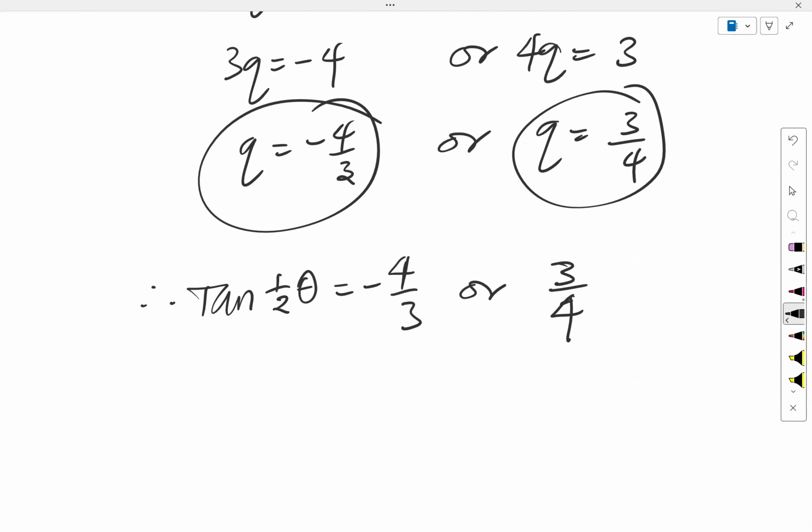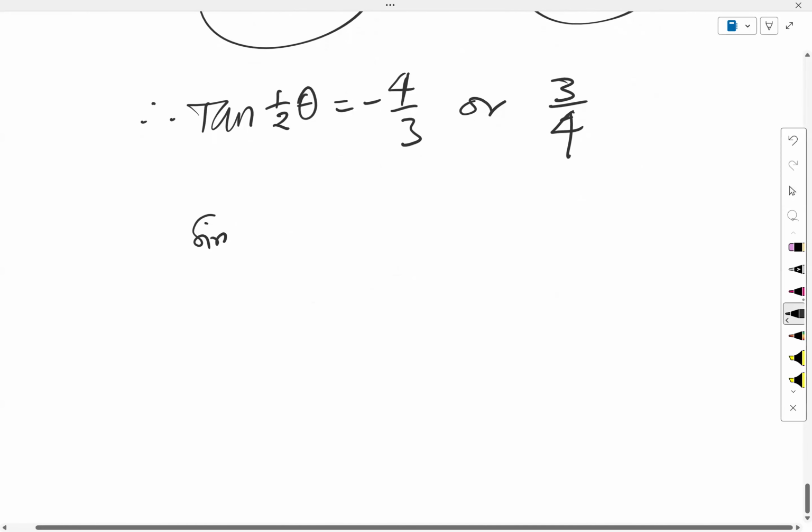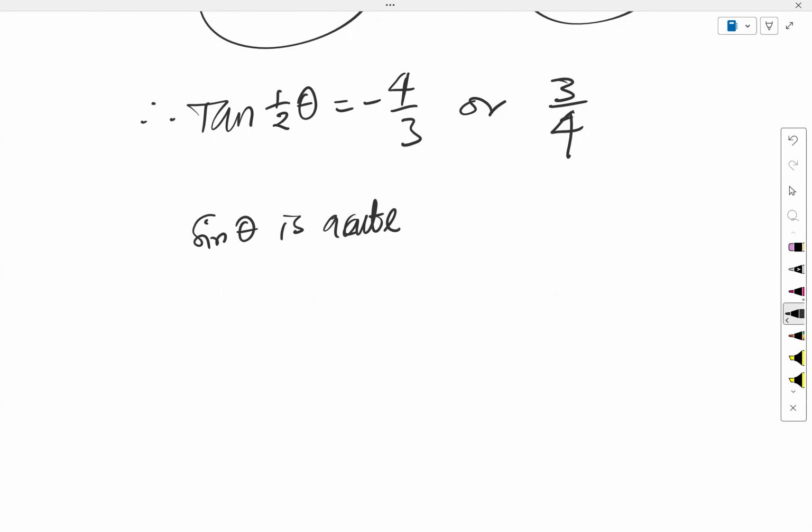However, when you talk about minus 4 over 3, should we worry about this? Because we know that theta is acute. I think that should count for something. For this to be okay, we can say since theta is acute, tan is positive. Of course, if we revisit the 4 quadrants: all positive, only sine is positive, then only tan is positive, and only cosine.